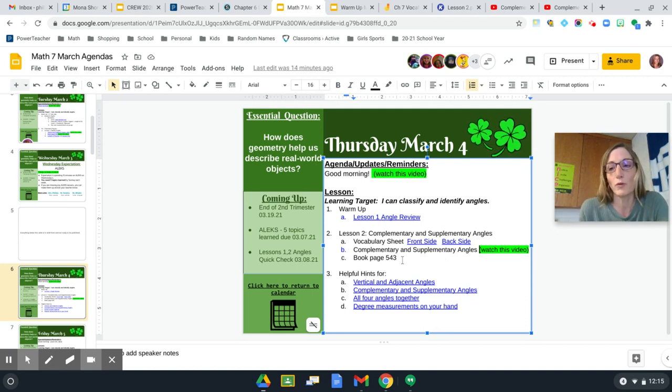In front of you, have ready that Chapter 7 vocabulary sheet that you received on Monday. If you have misplaced it, there are links here to the front and back side of that worksheet. You can pull those up, and then we'll look through the book as well. So vocab sheet and book in front of you ready to go, and I will meet you back in the next video.